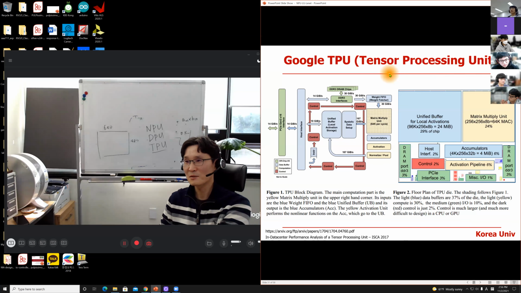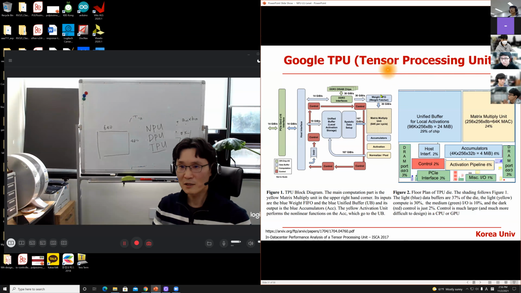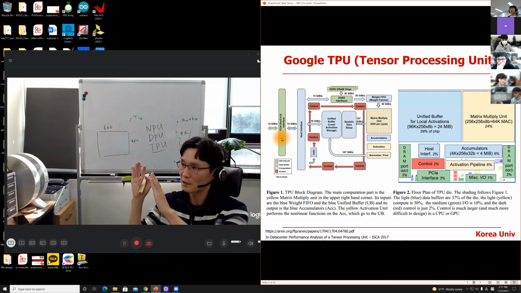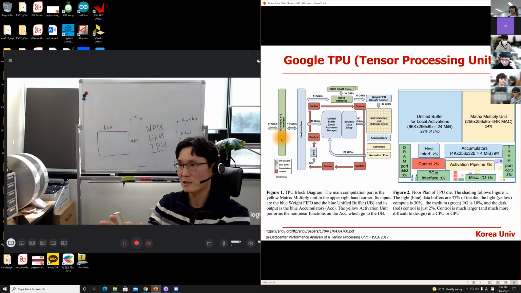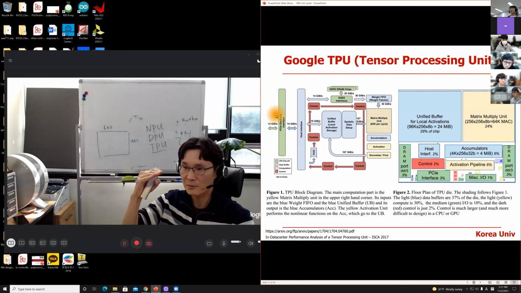So my understanding is that a tensor is a multi-dimensional array: 2-dimensional, 3-dimensional, 4-dimensional array, right? So that is the tensor processing unit. Take a look at this block diagram. If you have a TPU board, it goes into a PCI Express slot, by 16, with a 16-bit data bus.